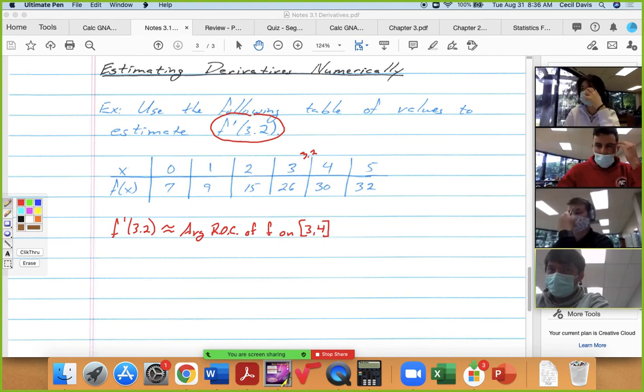If we had a smaller interval, we would use that one. So that's going to be 30 minus 26 over 4 minus 3 is 4.